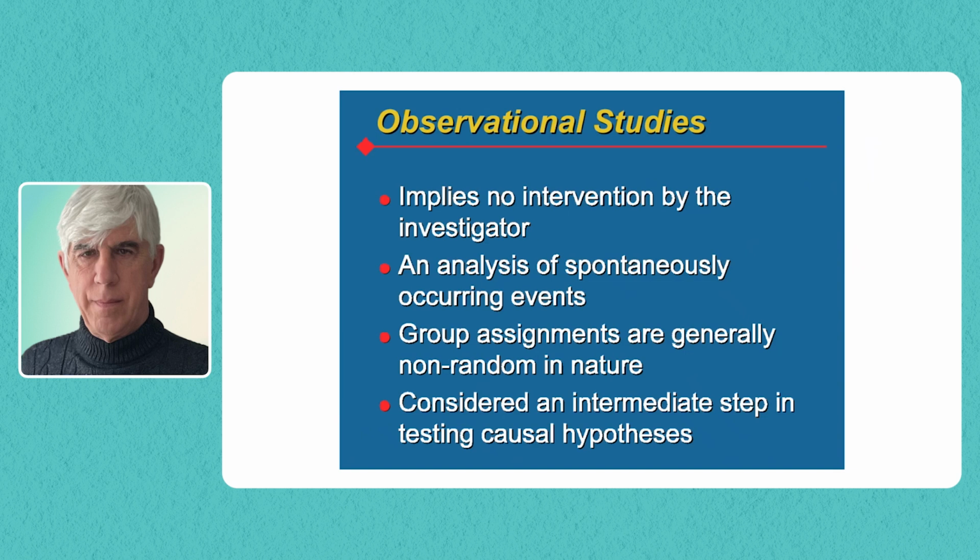We just observe, for instance, how many animals live in a particular area, and the distribution of the animals is not driven by the researcher. The investigator just observes what is going on.